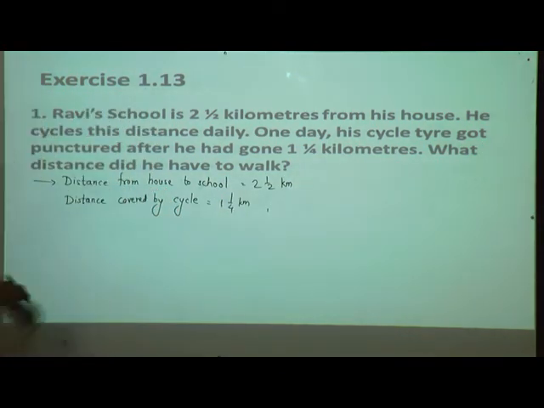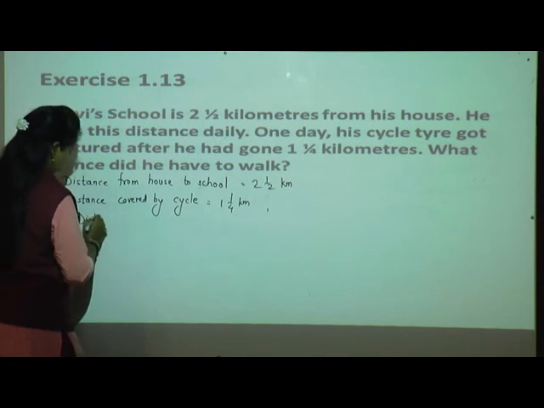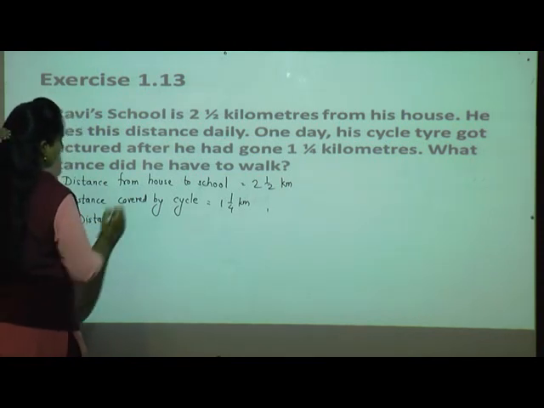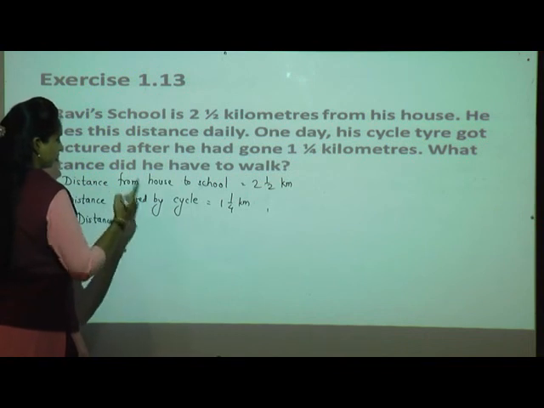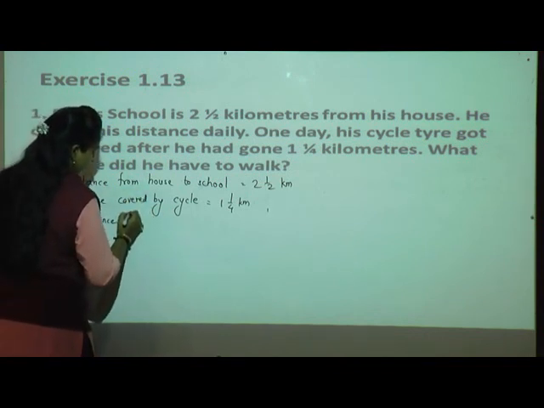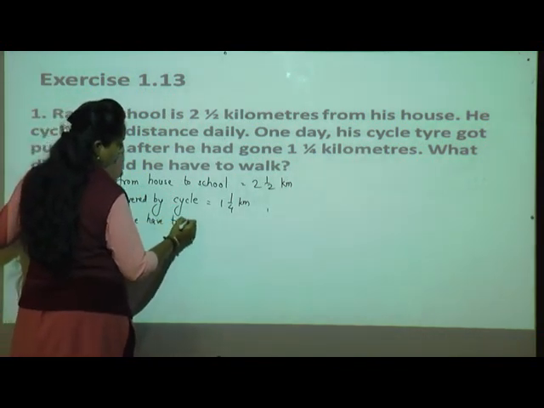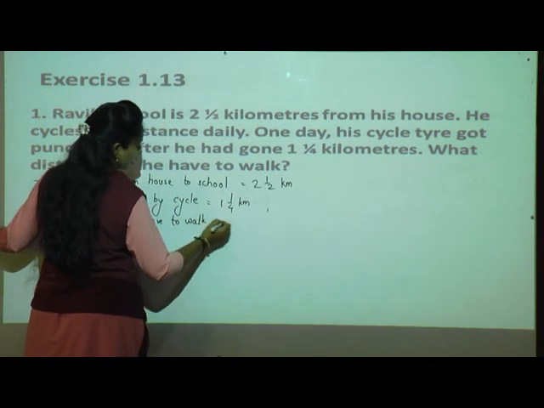So what do we have to find out in this question? What distance did he have to walk? So the distance he walked, or else you can write distance covered by walking, or distance he had to walk, we have to find out, isn't it?